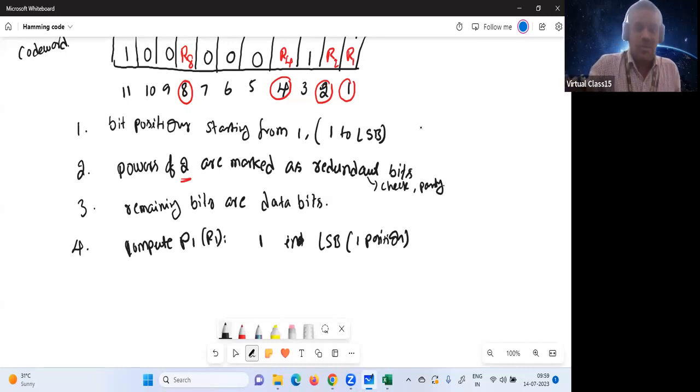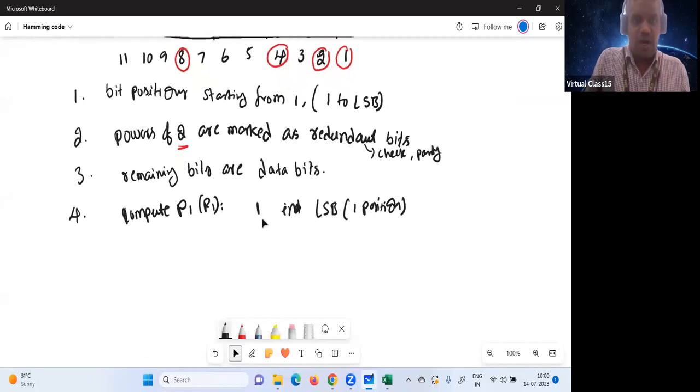So what this means is, if you want to compute the P1 value, first see, there are 11 bit positions. First you have to write all these positions in binary format. So let us try to understand this step.